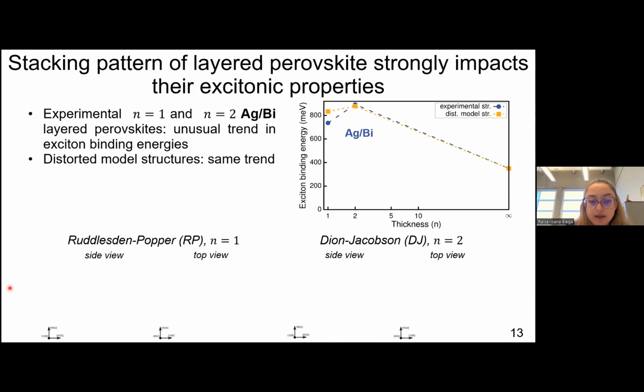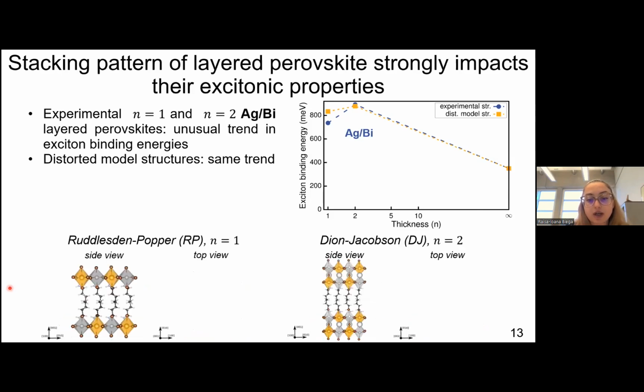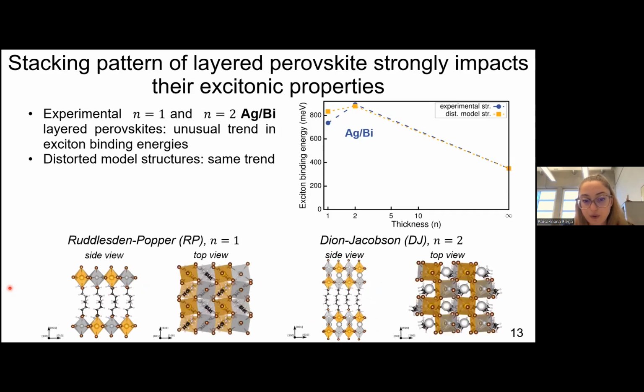And if we look at the experimental structures, from the side view we don't see much, but from the top view we see exactly this. The n equals 1 is a Ruddlesden-Popper with a stripe pattern, while the n equals 2 is a Dion-Jacobson structure with a checkerboard-like pattern.